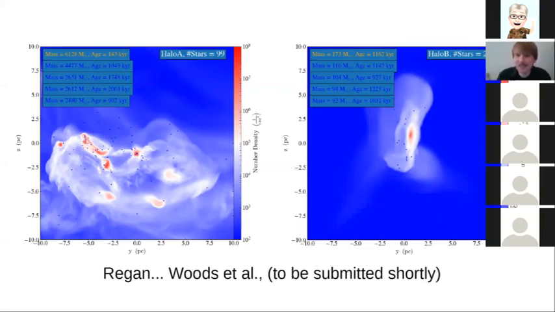In between, you may have some catalyzed growth of Pop III stars. You may be able to make more massive and even somewhat rapidly accreting Pop III stars, or rapidly accreting supermassive stars, whose accretion is cut short. This is what we're finding, and I think it's very interesting. We should have our first paper on this out very shortly, and expect a number of other papers in the very near future.